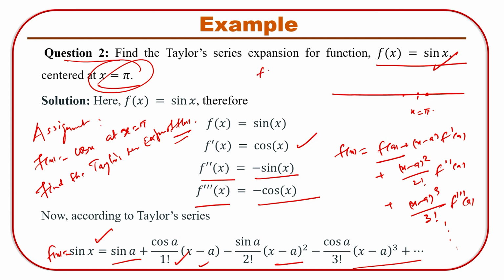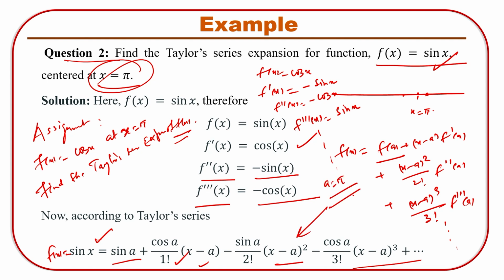So, f of x equal to cos of x, therefore, f dash of x is nothing but minus sin of x, and then f double dash of x equals minus cos of x, right, and f triple dash of x equals minus minus plus, so this is equal to sin x and so on. Now, plug all those in here and put the value a equal to pi, and that will be your answer.